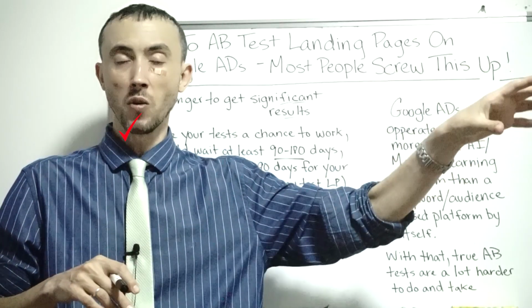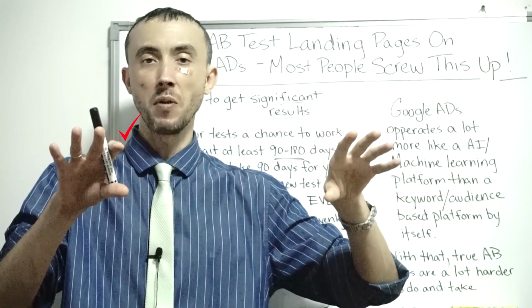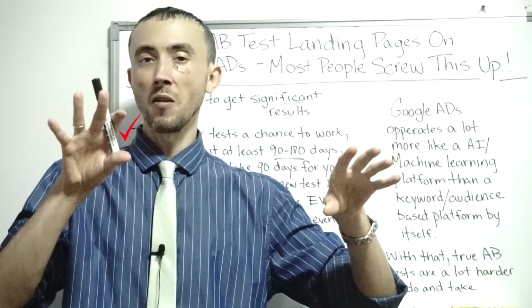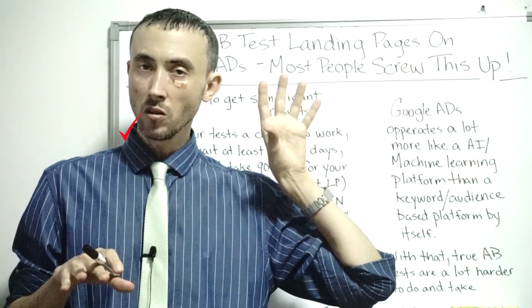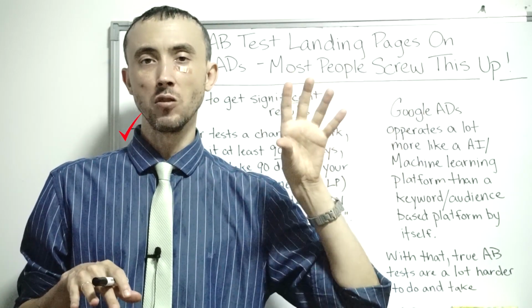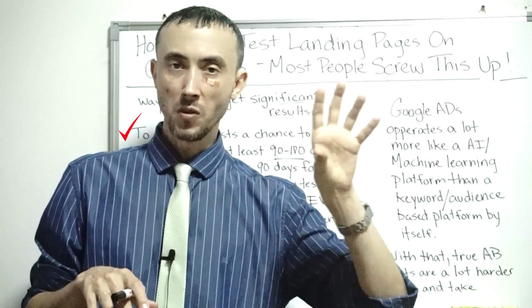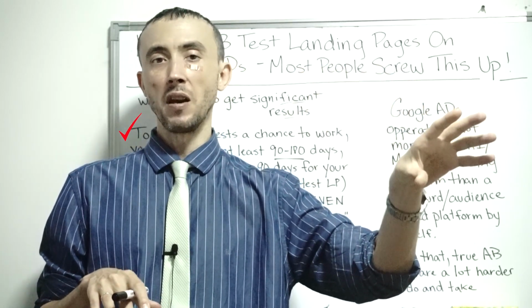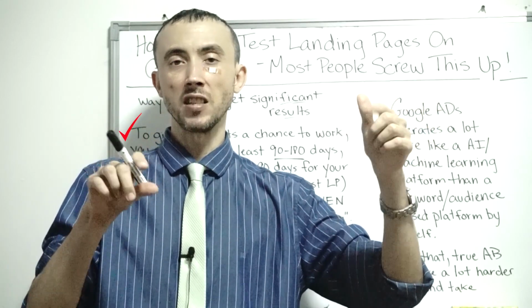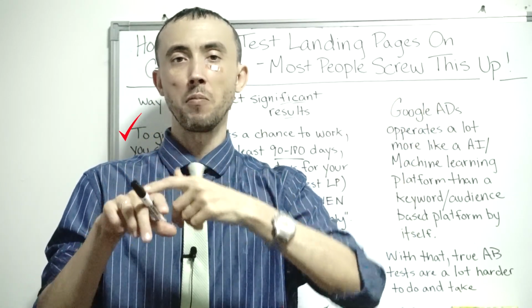And if you were to run old campaigns side by side with new campaigns, even if the new campaigns are set up 10 times better, the old campaigns are going to do better because Google's algorithm is biased to sending traffic to campaigns that it already knows how to get results out of. And it's only going to slowly send some of the better quality traffic to the new campaigns.